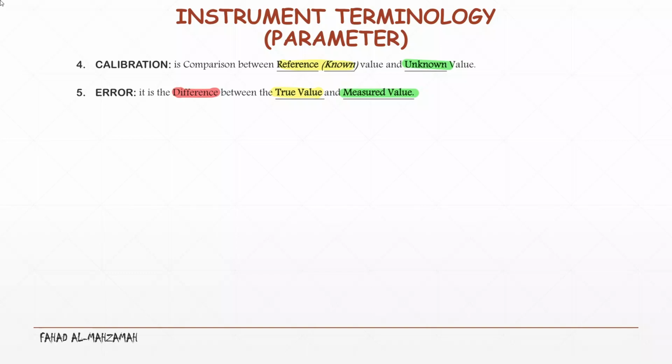Reference is 10 degrees Celsius and the measurement is again 10 degrees Celsius. The difference is zero, so you don't have any error. However, if it measures the 10 degrees Celsius as 9 degrees Celsius, the difference is 1 degree Celsius, so you have an error of 1 degree Celsius. Again, these terms are taken in the first experiment in the lab.